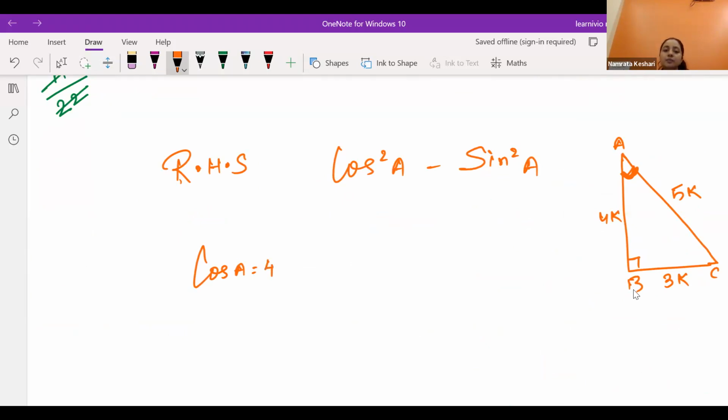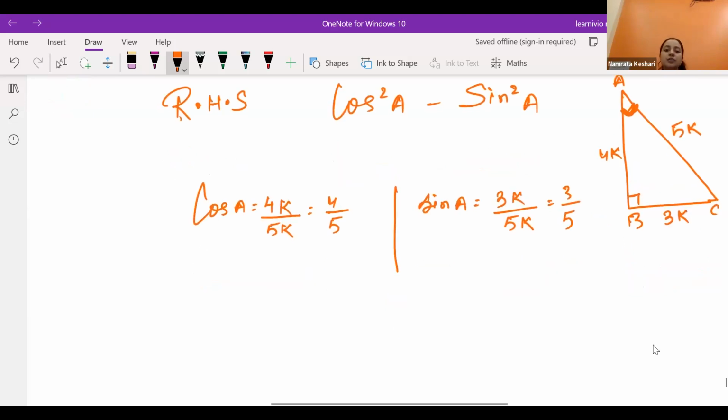The adjacent side is 4k and the hypotenuse is 5k, so it is just 4 by 5. So the k which we have taken is not impacting our result. Similarly, sin A is opposite over hypotenuse. The opposite side is 3k and the hypotenuse is 5k, or you call it perpendicular upon hypotenuse. It is just 3 by 5.